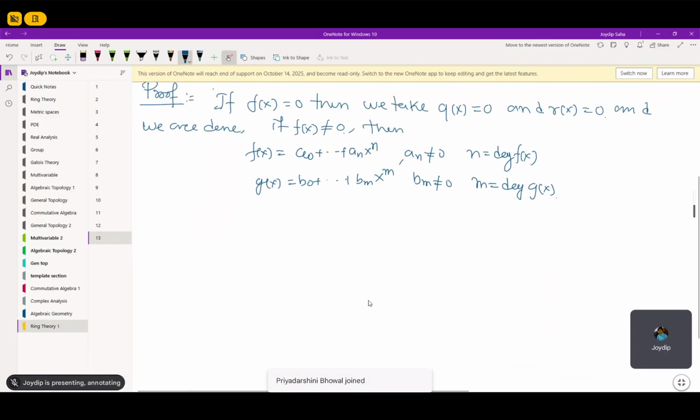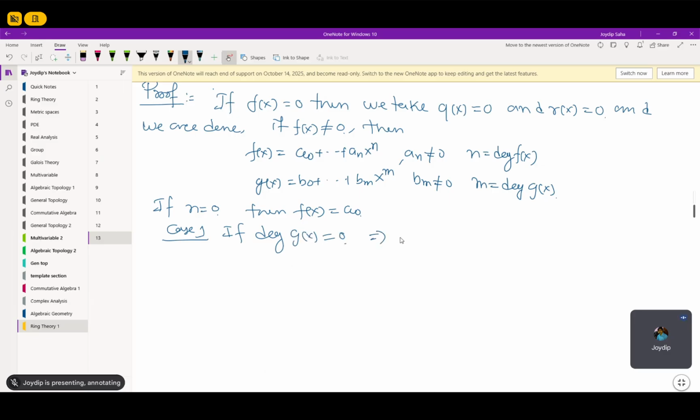Okay. If n equals 0, that is, if f(x) is a degree 0 polynomial, then case 1: if degree g(x) is also 0, this implies g(x) is b0, then f can be written as a0 by b0 into b0, that is a0 by b0 times g(x).